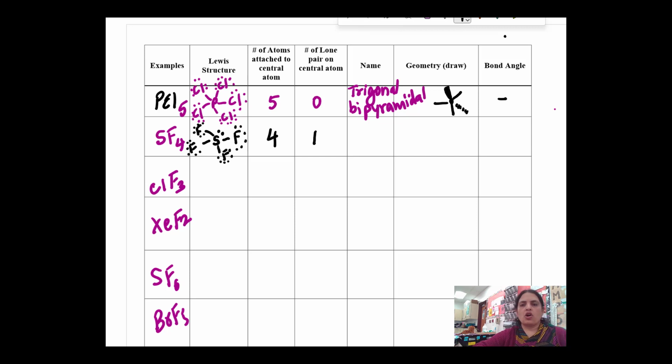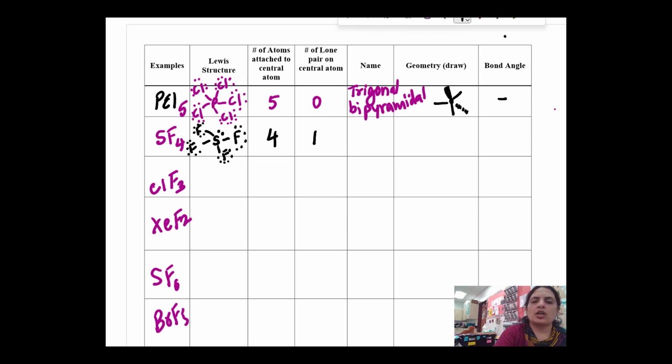This shape is called seesaw because this is sulfur and 4 fluorines, and here is the lone pair. See how there is a lot of space for the lone pair, so it's pushing these bonds down, and it kind of toggles like a seesaw in the playground.